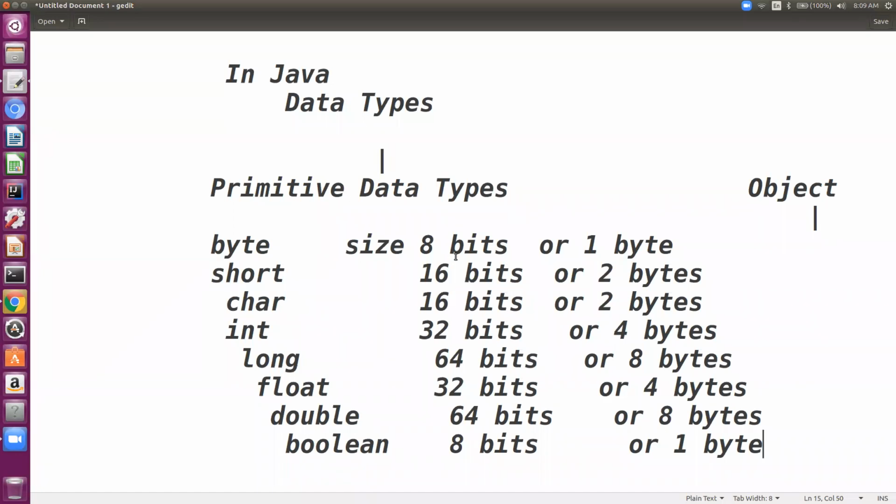And why we have only 7 bits available in a byte is because the most significant bit is used as a sign bit, that is, to denote whether the number is positive or negative. So as a result, though byte has 8 bits, the only available bits for storage is 7. For short, it is 15. For int, it is 31. For long, it is 63. Right? Yes. Okay.